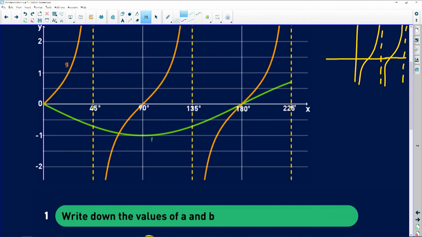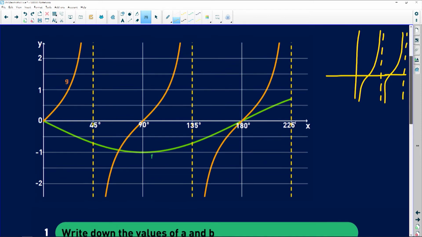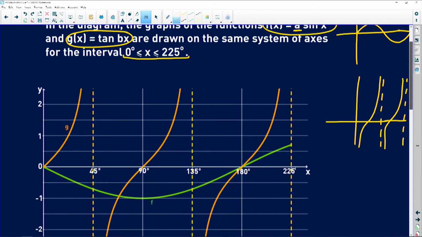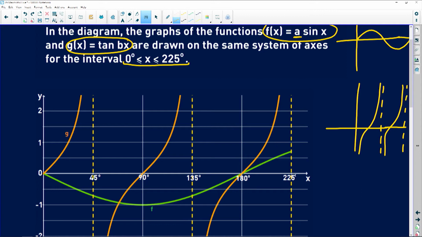Now, the tan graph is given to us by the orange. Okay, you guys should know 100% that we should have an asymptote here. Tan of 90 is usually undefined. Okay, but now we have the graph cutting it, which means we have to have had a transformation. So, if I look at tan of b of x, okay, we've got asymptotes at half of 90 degrees.